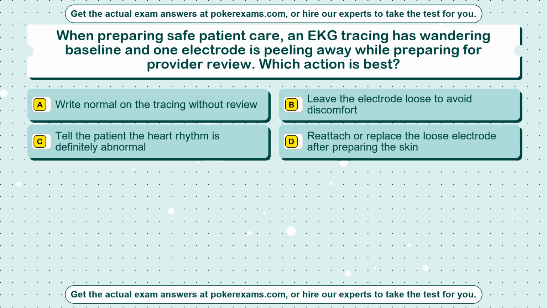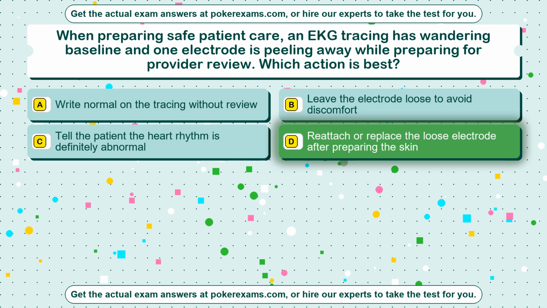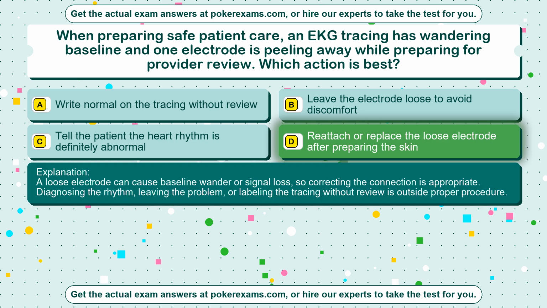Option D, reattach or replace the loose electrode after preparing the skin. The correct answer is option D. A loose electrode can cause baseline wander or signal loss, so correcting the connection is appropriate. Diagnosing the rhythm, leaving the problem, or labeling the tracing without review is outside proper procedure.